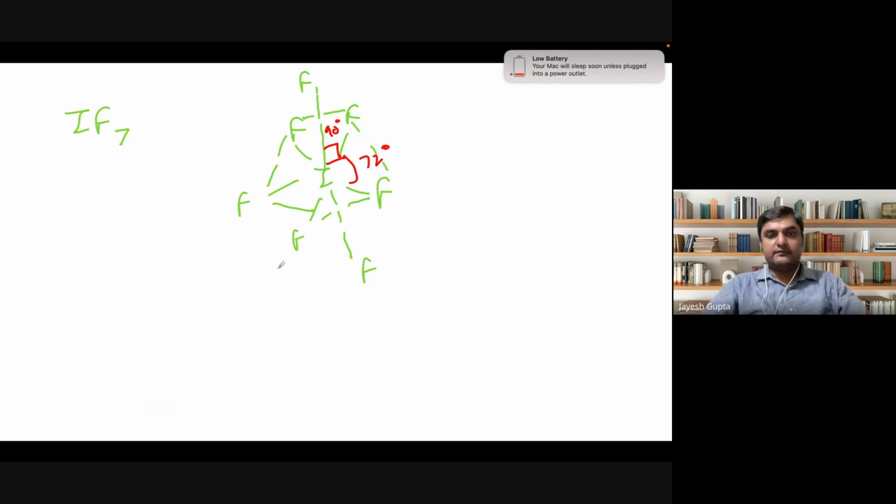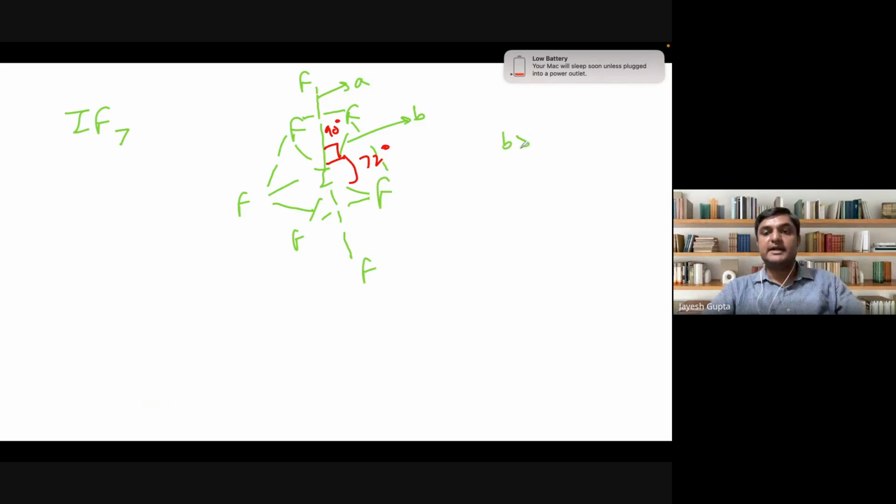If I give the nomenclature to this equatorial bond length, that is B, and the axial bond length, that is A. So you can see that the higher the bond angle, the more the EN, the more the percentage s character, so the bond length will be shorter.